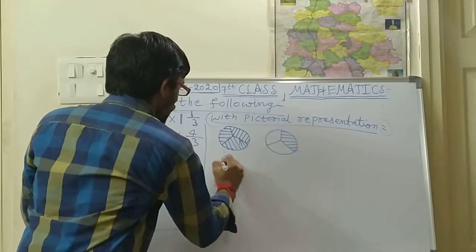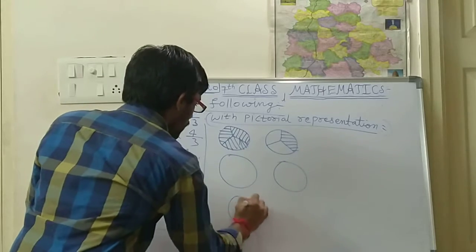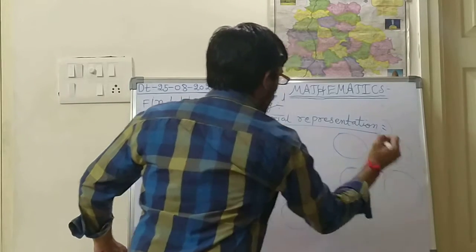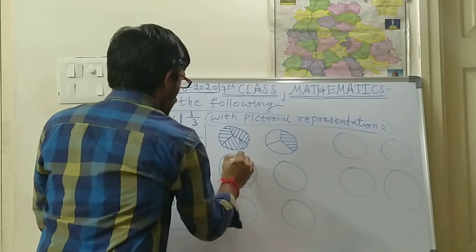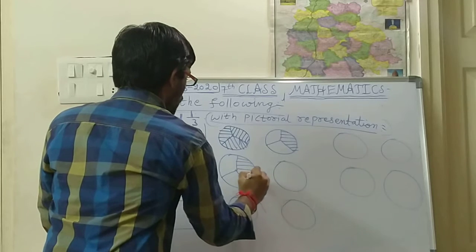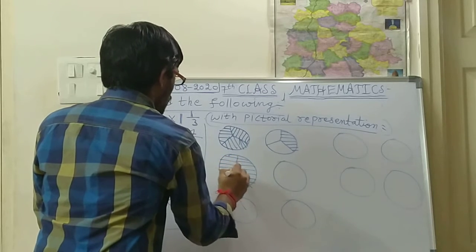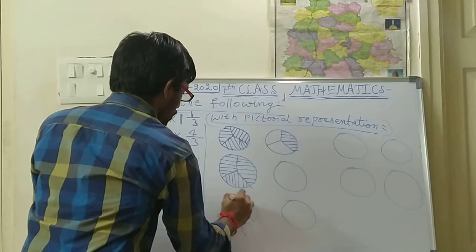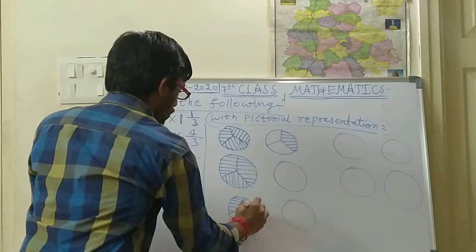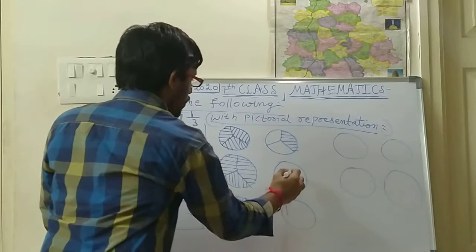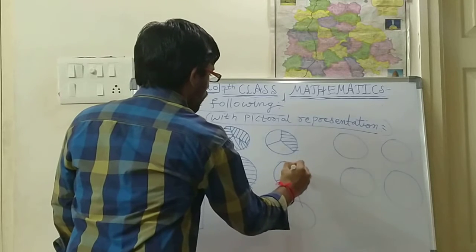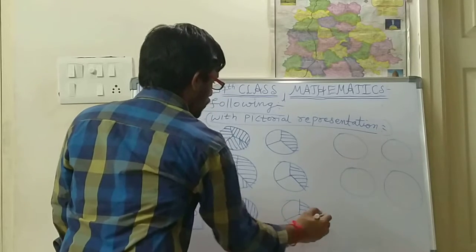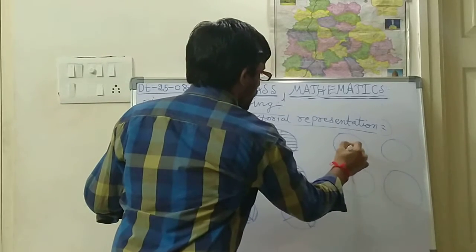So like this I am drawing: 2, 3, 4, 5. Three completed. Next one more, 2 are there.